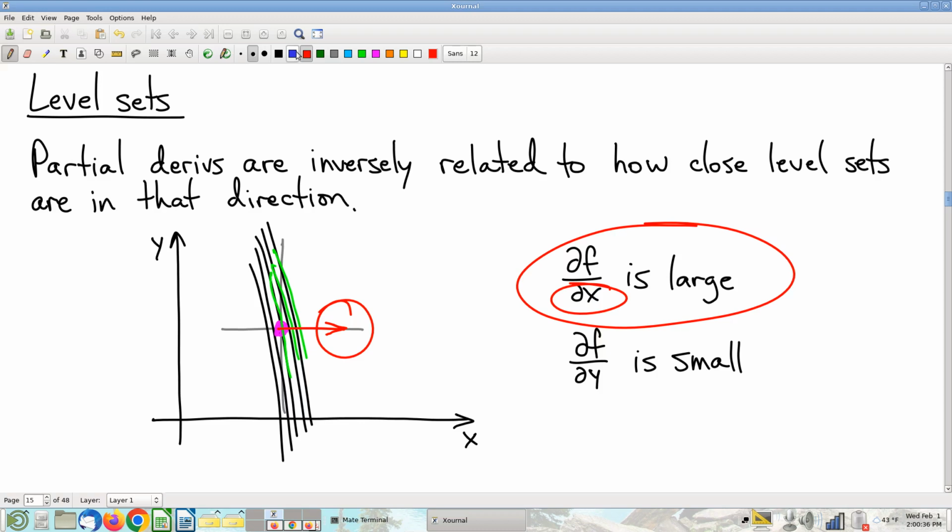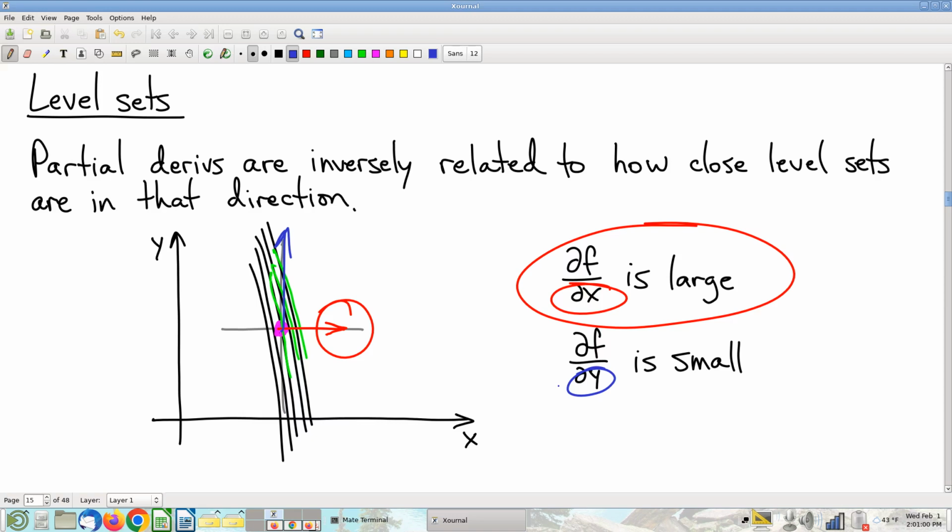Now let's think about what if we went in the y direction. Well, if I could draw a straight line here. If you're going in the y direction, you are still eventually getting from this contour line up to the top contour line, but notice it takes a lot more distance. Right? You've got to go a lot farther.